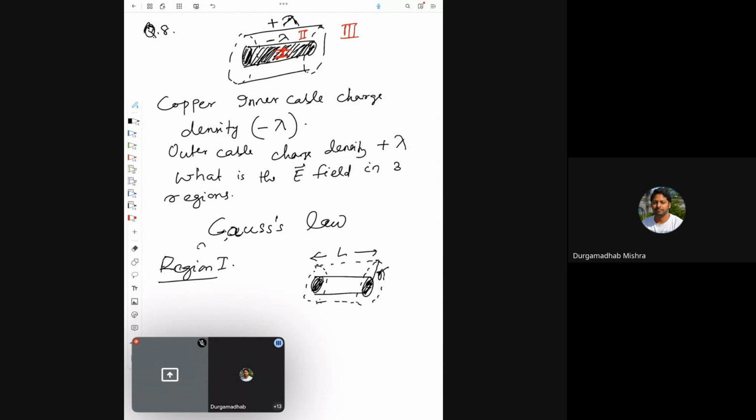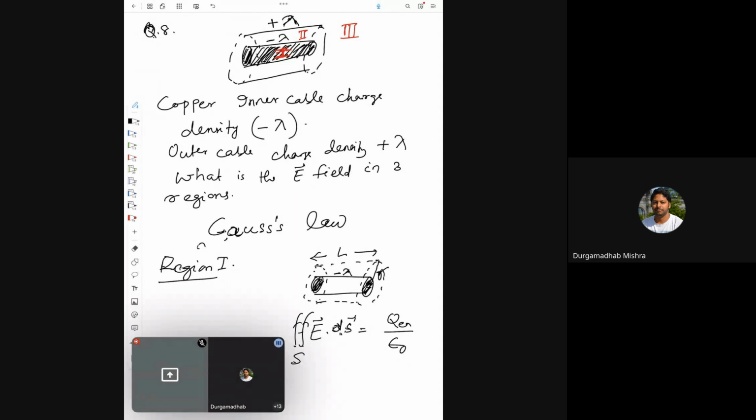So again, let's look at Gauss's law. The integral of E dot dS will be equal to q enclosed by epsilon naught. So how much charge is in this Gaussian surface? It is all the charges residing on the cable, which has a linear charge density minus lambda.